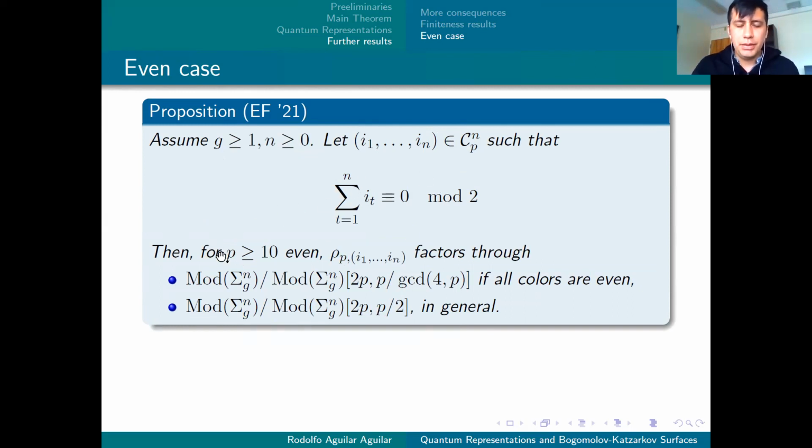So when we consider p bigger or equal than 10, recall that in the odd case, the representation factors by the mod p. But here we need to divide the simple curves into separating curves and non-separating curves, and for each type of curve we need to take a different power.